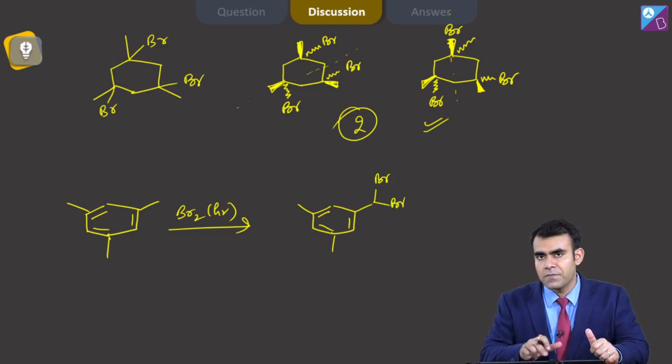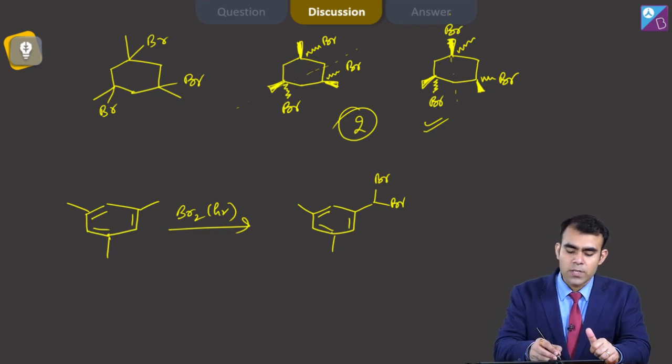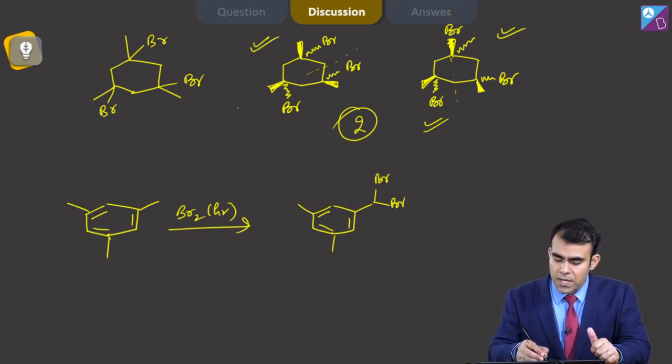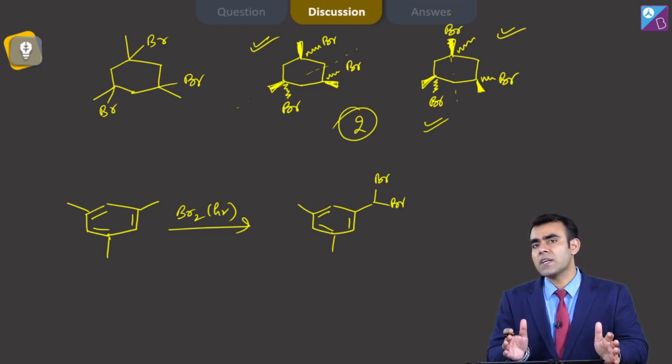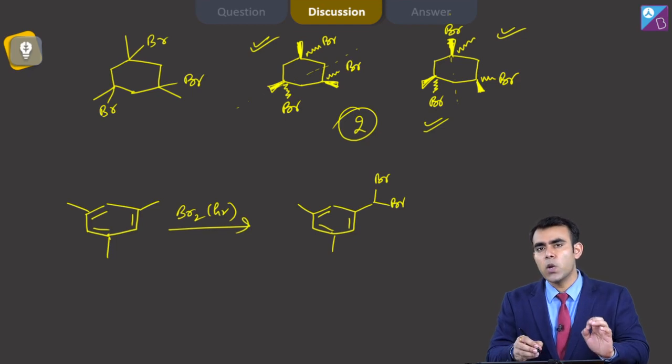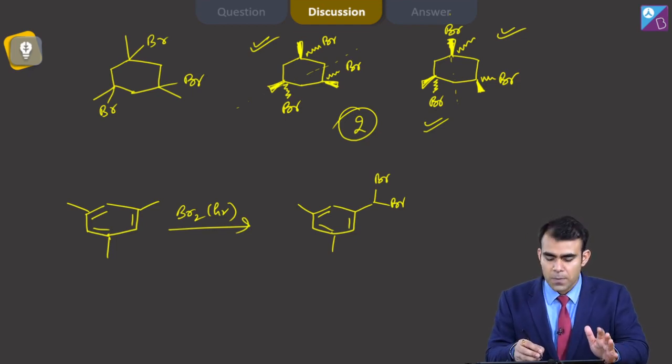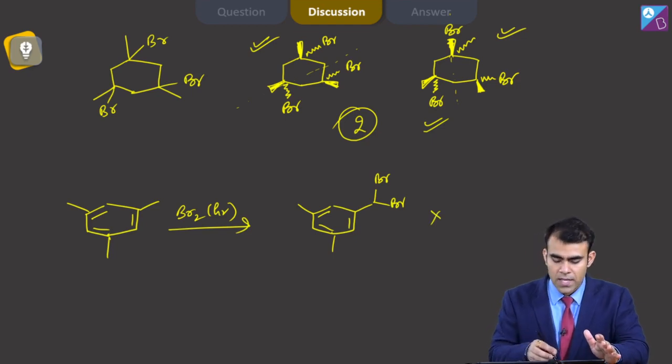Now above, these two are the geometrical isomers of Y. So these are stereoisomers. But here, for this compound, we do not get any geometrical isomer, as well as there is no chiral center. It means we do not get any stereoisomer for this compound.